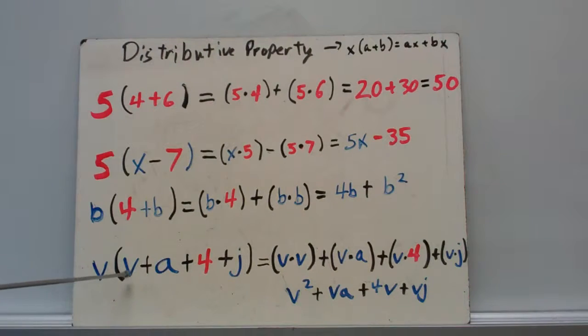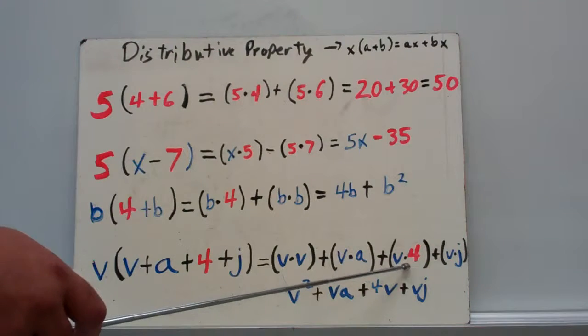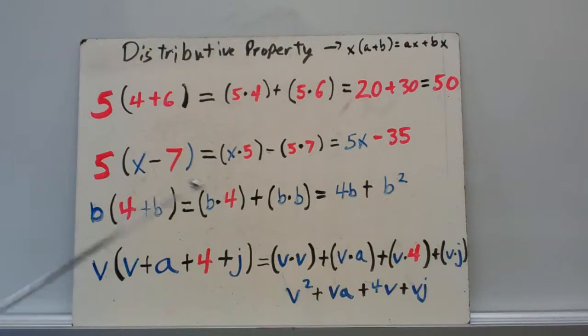So we take v, multiply it by v, multiply it by a, multiply it by 4, and multiply it by j. So v times v is v squared, v times a is va, v times 4 is 4v, and v times j is vj.